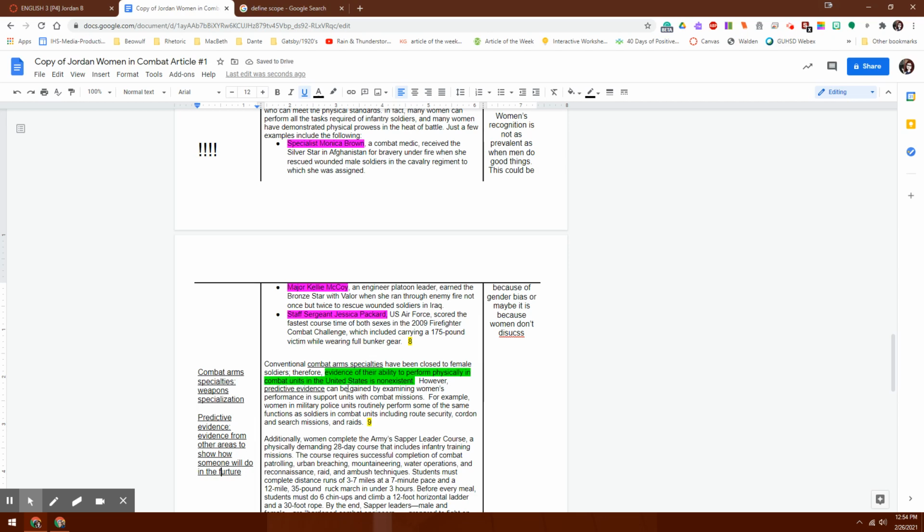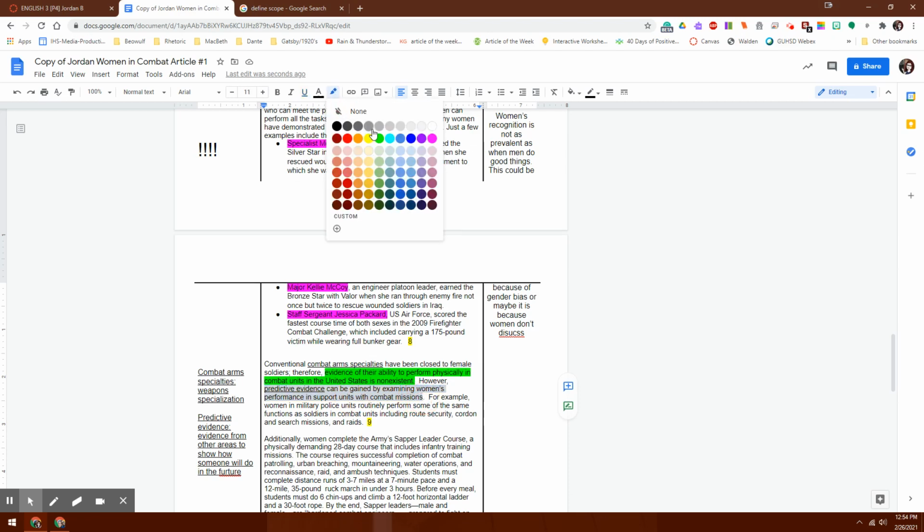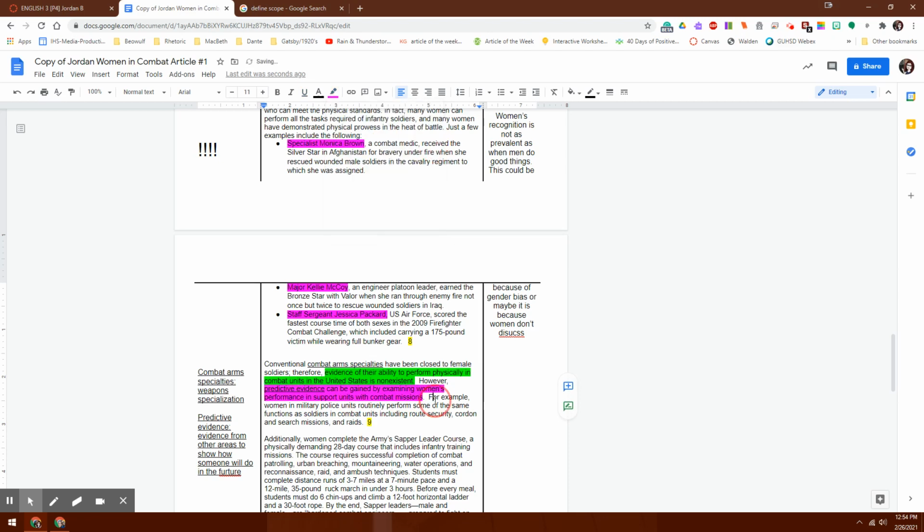They're examining women's performance in other areas, and they're seeing that they're doing well, so why wouldn't they do well in combat specialization too? Okay, in the arms, in the weapons. So I think this part here is a very interesting and strong piece of evidence for why women should be allowed combat.